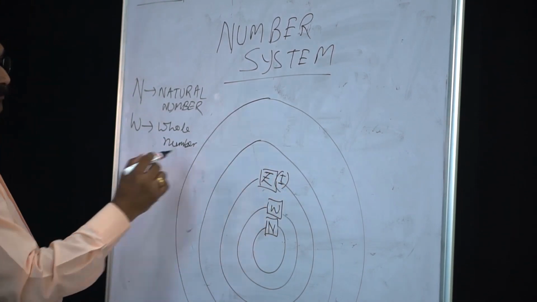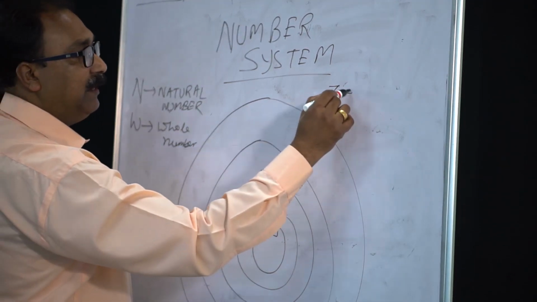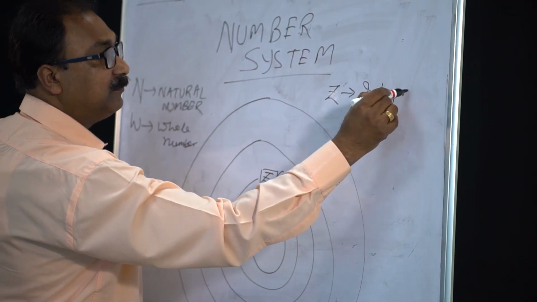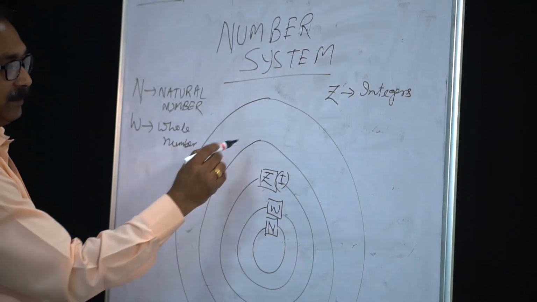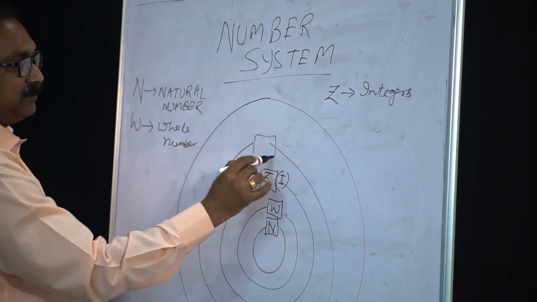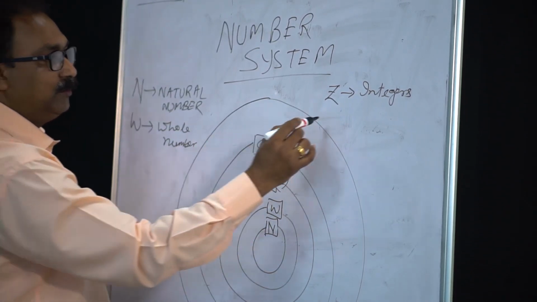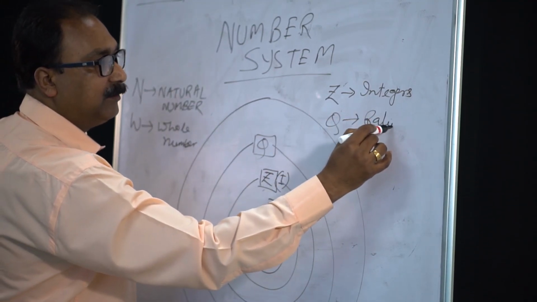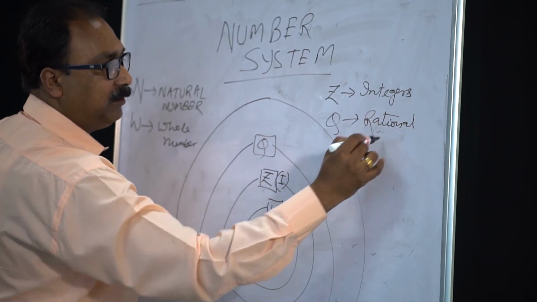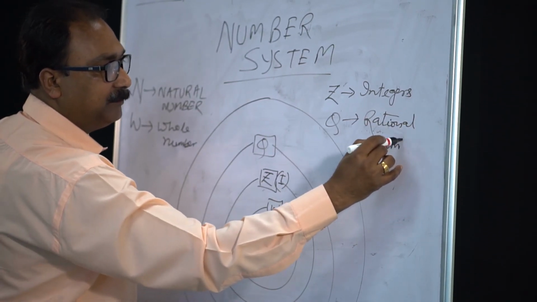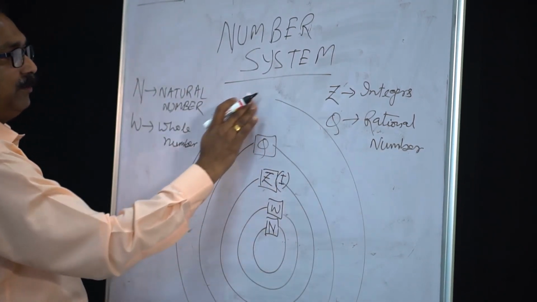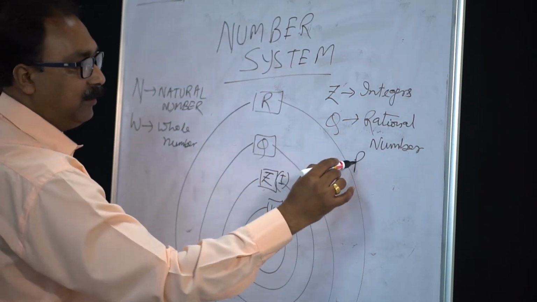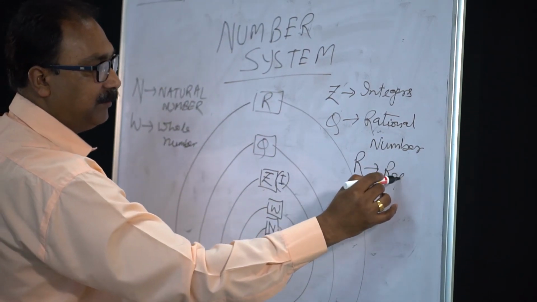We call them integers. Then in this circle we indicate Q. Q indicates rational numbers. And overall we consider R. R indicates real numbers.